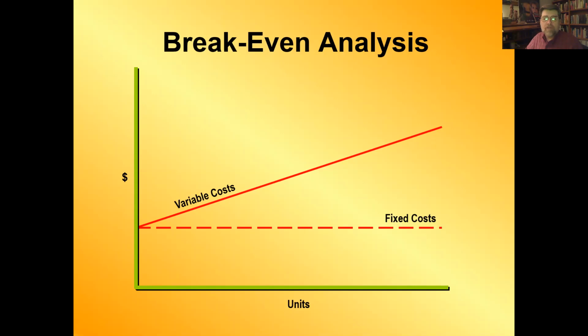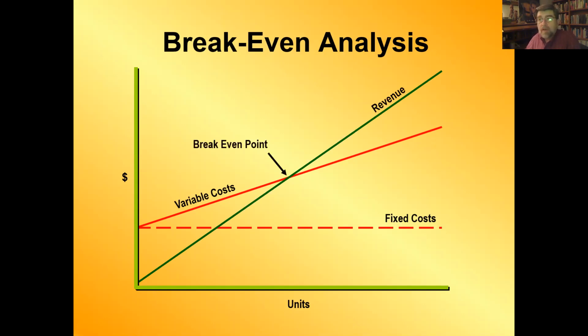Now, if we look at revenue, that would be according to our price, and obviously it needs to be at a higher rate than our variable costs. There's no such thing as fixed revenue, so we essentially start here at zero. Eventually we'll get to a point where we cross the fixed plus variable cost line, and that is what we call the break-even point.